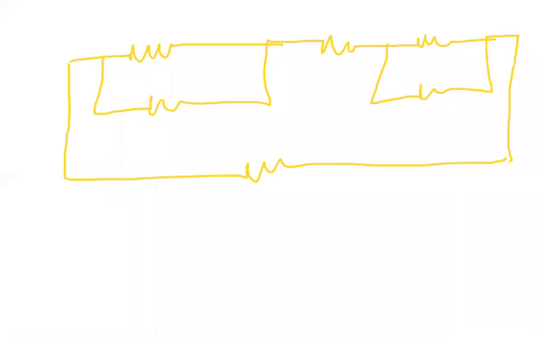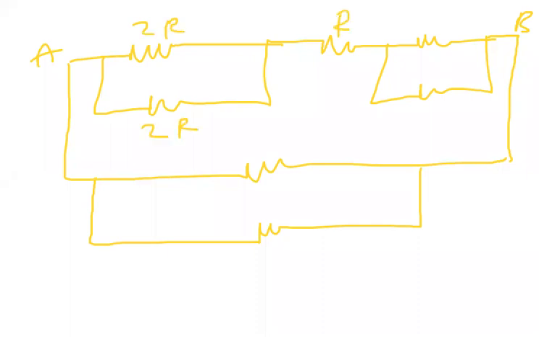Between these points A and B, this value I'm taking as 2R and this value as 2R. And this is R, this is 2R, this is 2R. And this one I am taking as 3R, and this one as 3R. And this one I am taking as 3R by 2. What is the effective resistance between A and B?